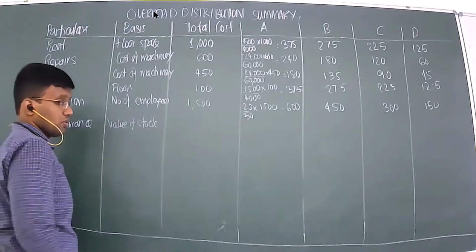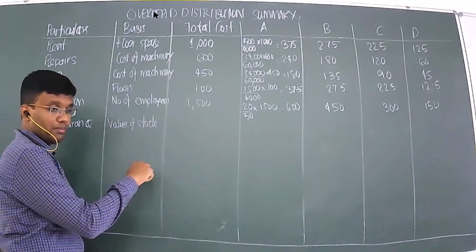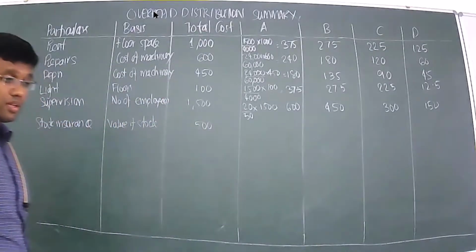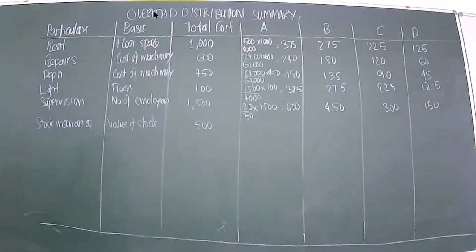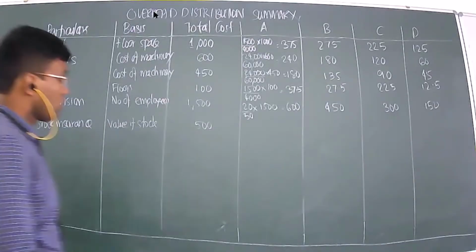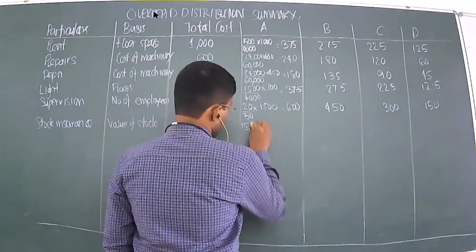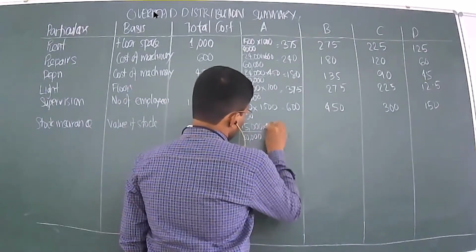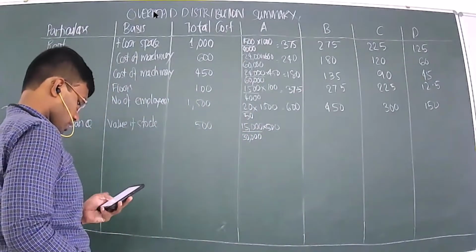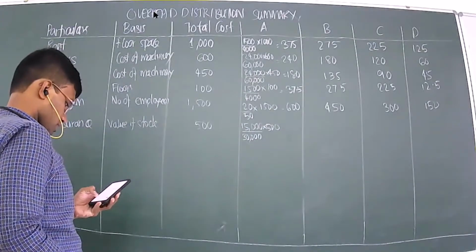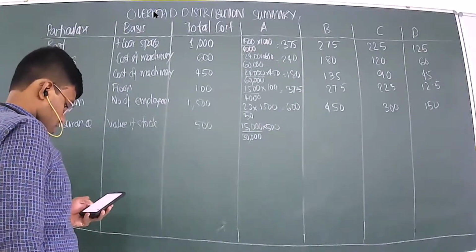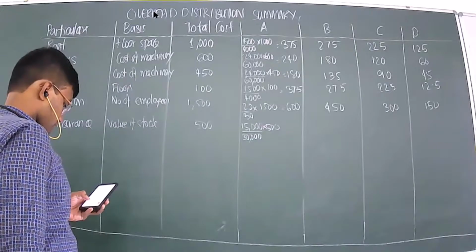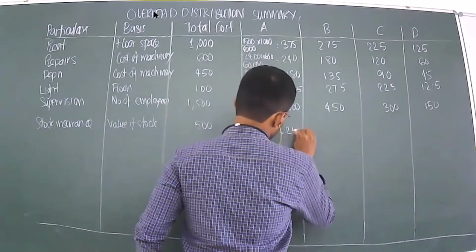The total amount you're spending for insurance is 500, and 30,000 is your total value of stock. Department A has got 15,000 worth of stock, divided by 30,000 into 500. So here this is 250.